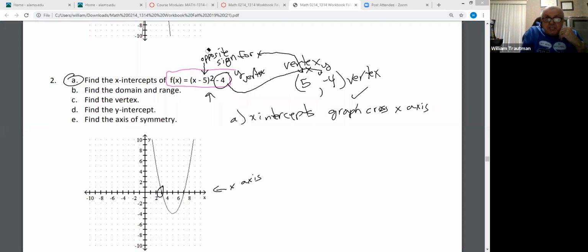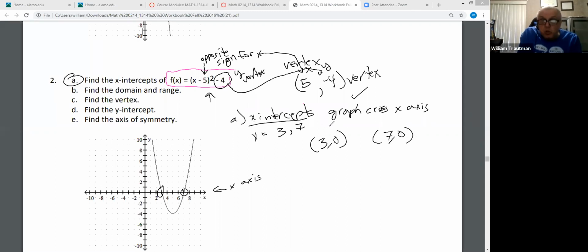We have two places the graph crosses the x-axis, at 3 and 7. Now, I think they might want you to write it in coordinate form. So don't forget, the x-intercept is (3, 0). The y values are always 0, and (7, 0). The coordinate form for those x-intercepts is (3, 0) and (7, 0). Remember, for x-intercepts, the y is always 0.